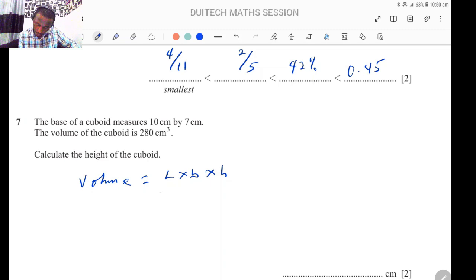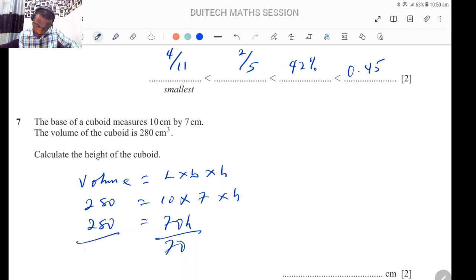So 280 is equal to 10 times 7 times height. So we have 70h equals 280, divide both sides by 70. So h becomes 4 centimeter.